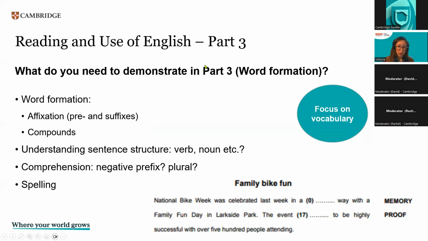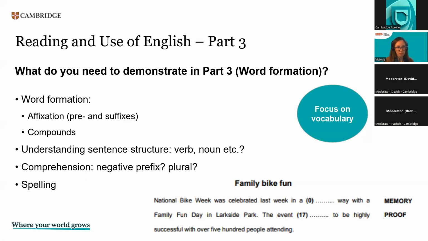Right, so we're going to focus on part 3, which is the word formation. It is a text that has some words at the end of some lines. And what do we need to demonstrate in this part of the exam?